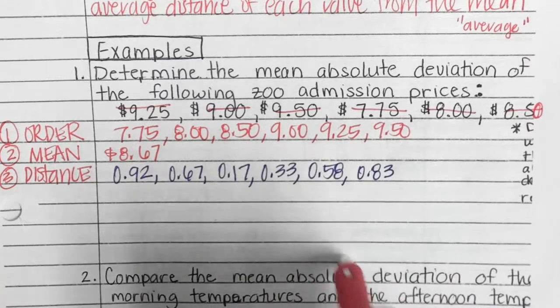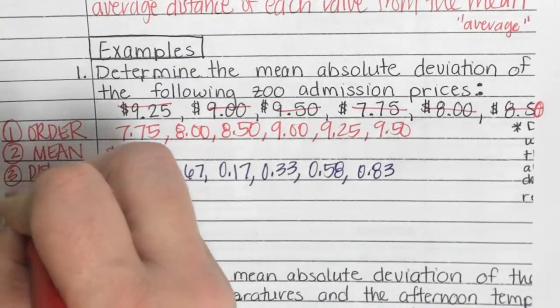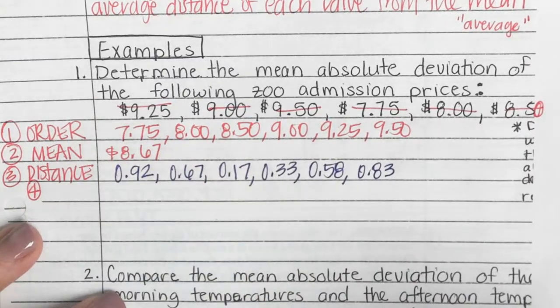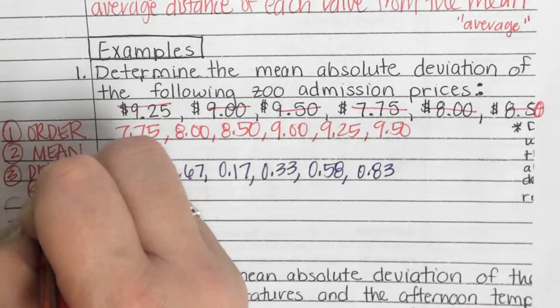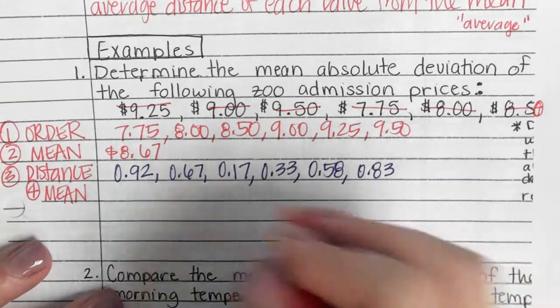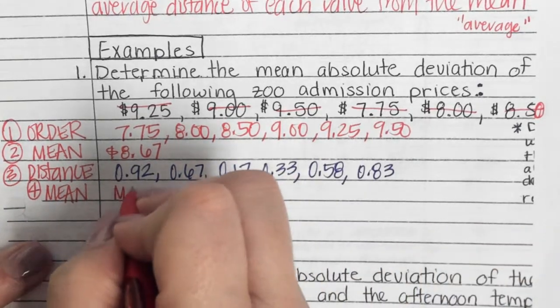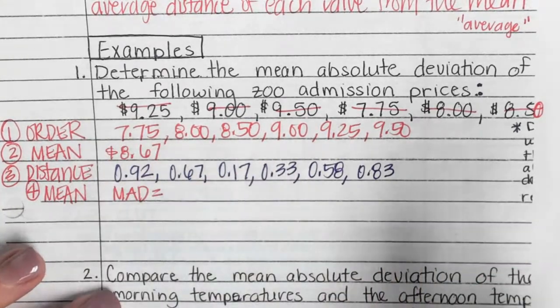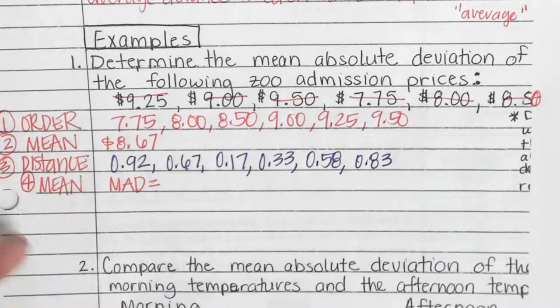Once we have this new set of numbers, what's our last step? We're going to find the average. We're going to find the mean again. When we find the mean again the second time, this is what we refer to as our MAD. All right, so we're going to add all of them together.